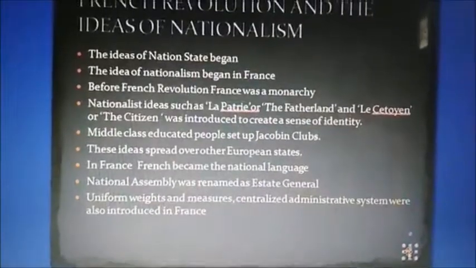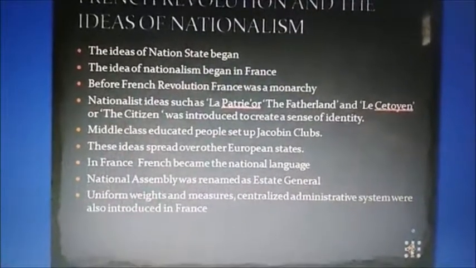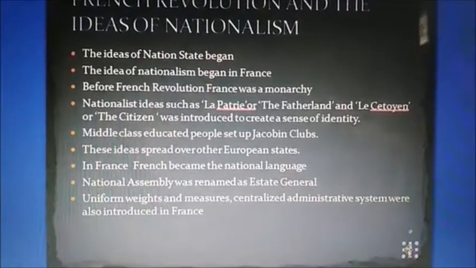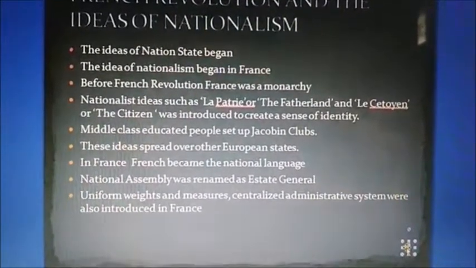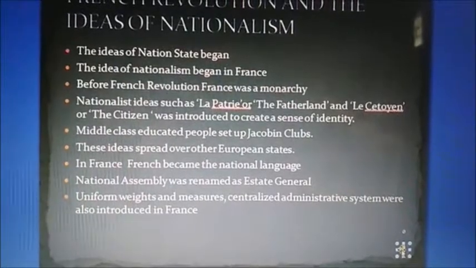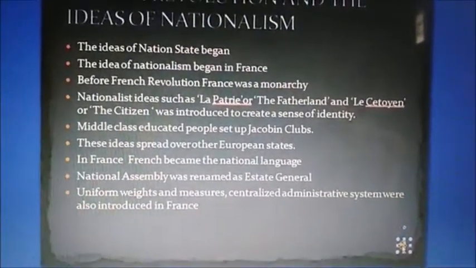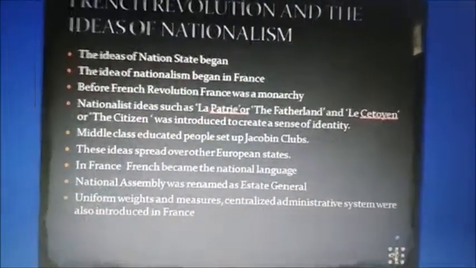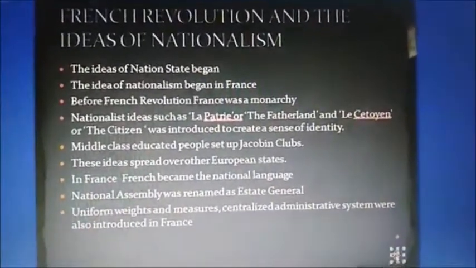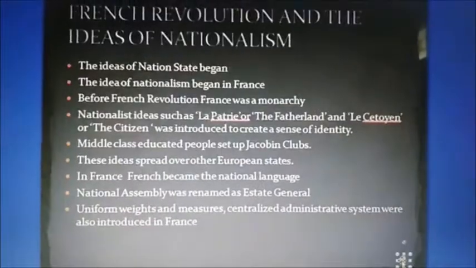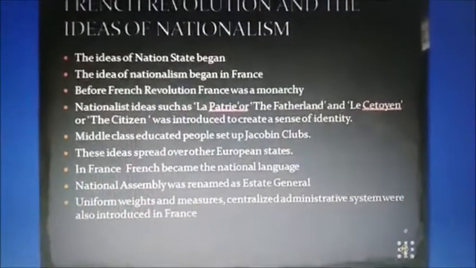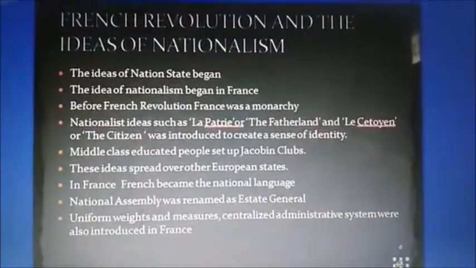See, during the French Revolution, you might have seen the revolution mainly started because the peasantry, or 90% of people who belong to the peasant category, were deprived of all the privileges. That is, the privileges which the first estate and the second estate had got, that is, privileges by birth.